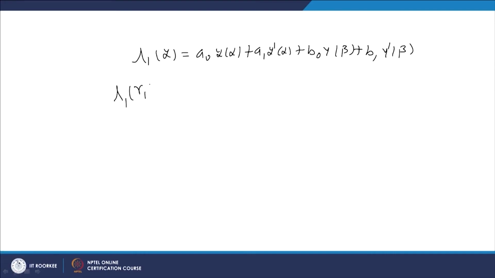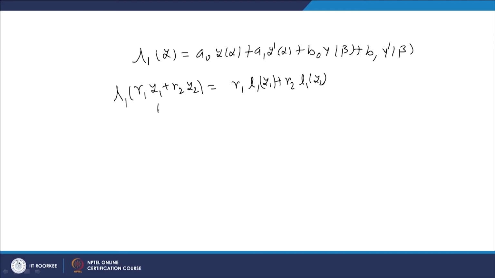Let us say R1 y1 + R2 y2, and we want to check whether it is R1 L1 of y1 + R2 L1 of y2. If it is, then we say that L1 is linear in terms of y, and you can easily check that it is satisfying this.